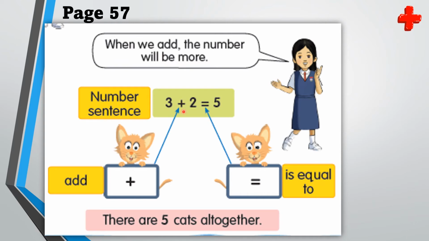Say after me. 3 add 2 is equal to 5. This is the number sentence that we will use for the addition. And there are 5 cats altogether. This one is for rumusan. Okay, and the important word that we learn from this slide is more, M-O-R-E, more.